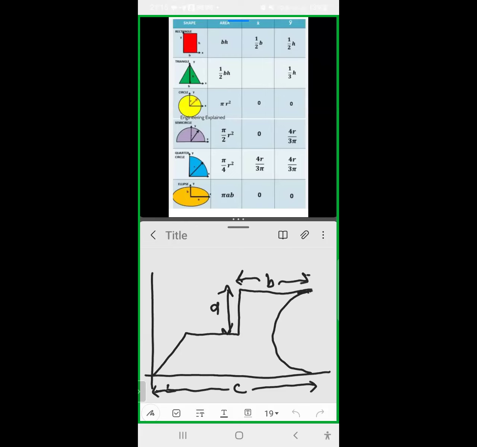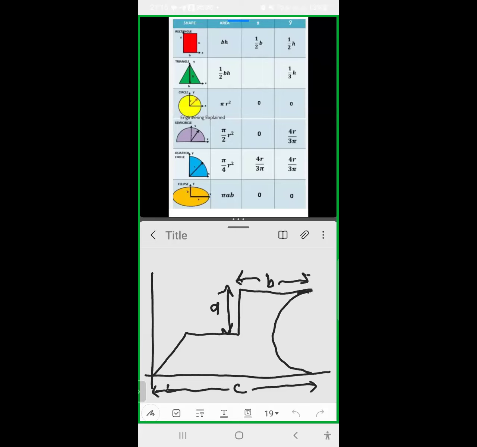As we can see for a rectangle, the area is breadth times height, the X coordinate of the center of mass is half the value of its base, and the Y coordinate of its center of mass is half of its height. So you have to familiarize yourself with these equations and know how to apply them as well.